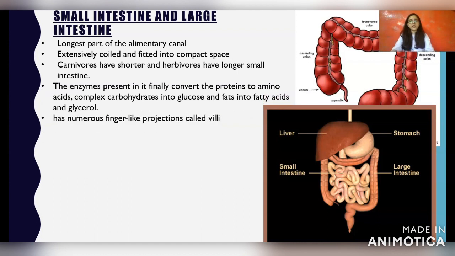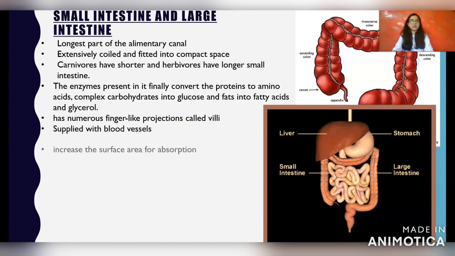The enzymes present in it finally convert the proteins into amino acids, complex carbohydrates into glucose, and fats into fatty acids and glycerol. It has numerous finger-like projections called villi. They are finger-like structures which help the food to move forward.